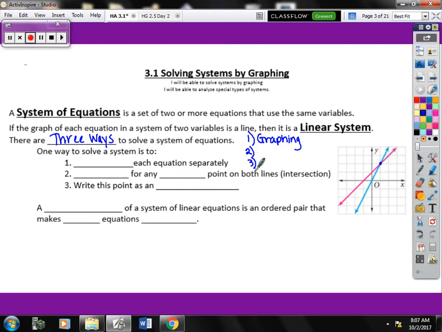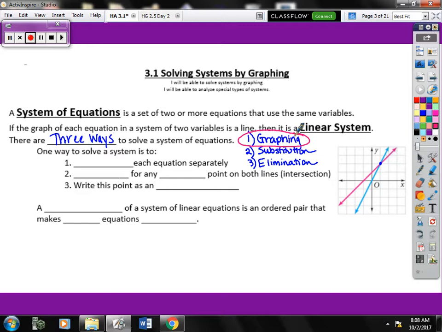There are two other ways that we'll learn algebraically. One of them is to solve by substitution. We'll look at that on Wednesday. And then also elimination, which is the one that we'll use a lot. Today we're just focusing on the first one, which is graphing.